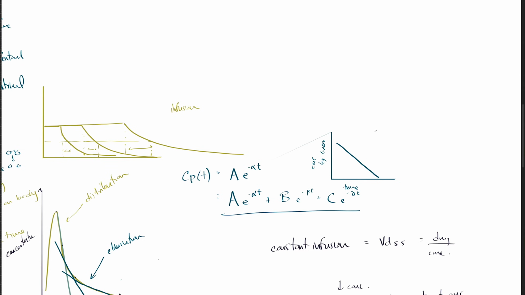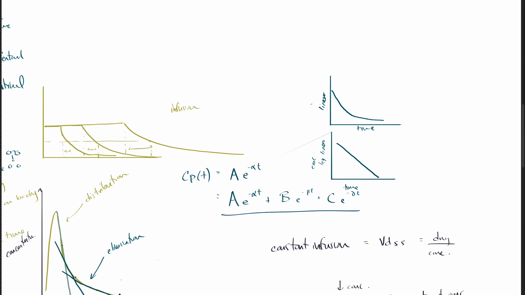And so, if we wanted, we could also draw a graph. And this time not log linear, let's just have linear. And this is still time. And you could see that as the drug gets eliminated, the concentration goes down.